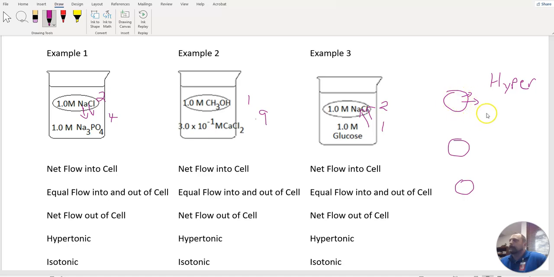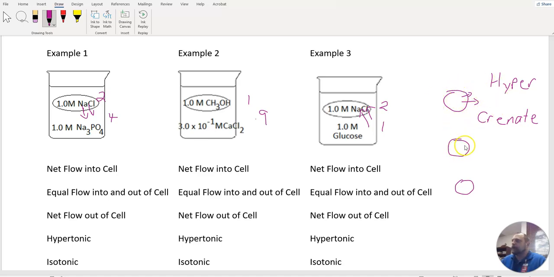Right? And if this comes out so much that it shrivels up, we can say the cell has crenated, so it has shriveled and potentially died. We're mostly looking at red blood cells in our examples.